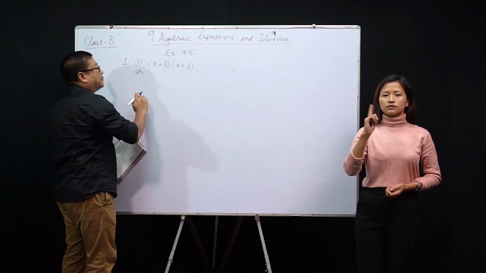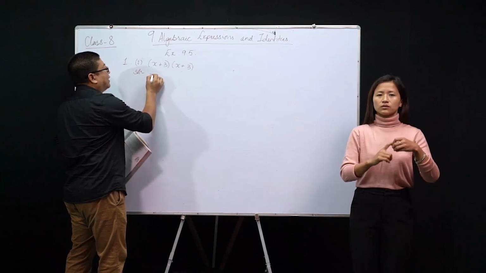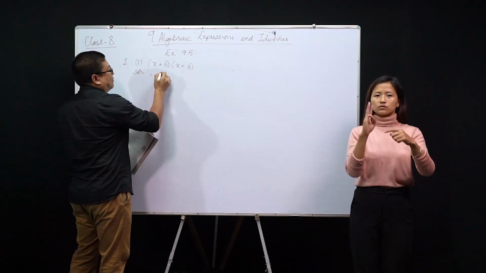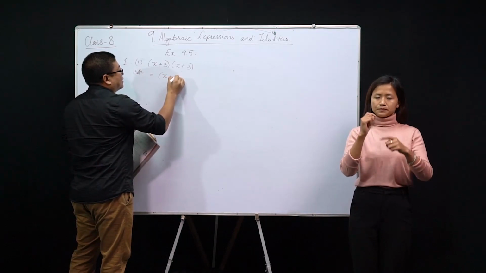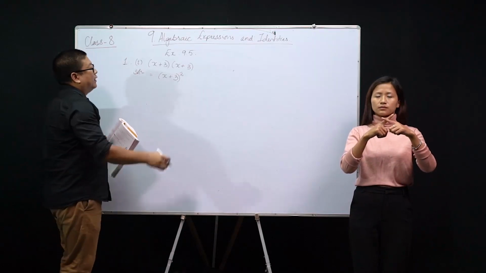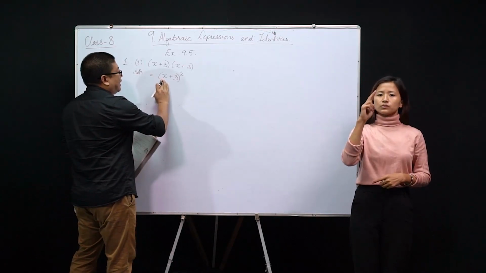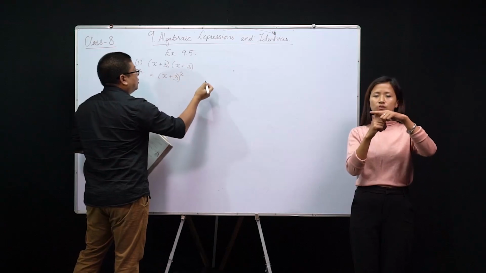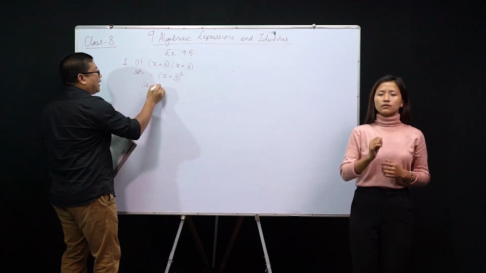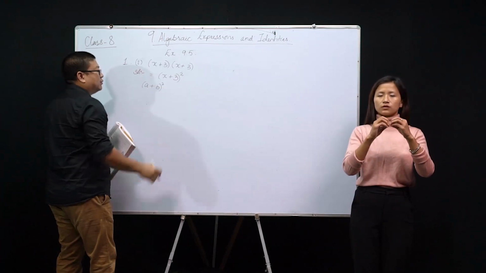So the first question we can write like this. (x + 3) is being multiplied 2 times. That means (x + 3) to the power 2. And (x + 3) to the power 2 is in the form of (a + b) to the power 2.